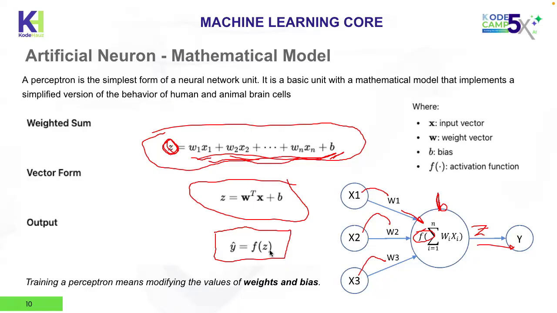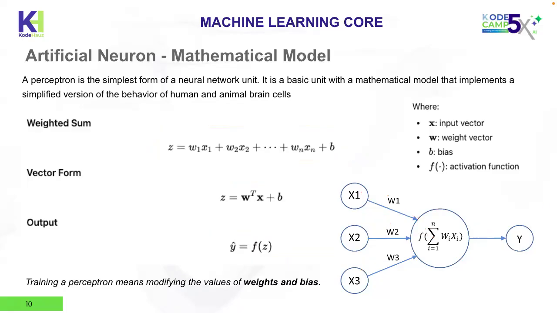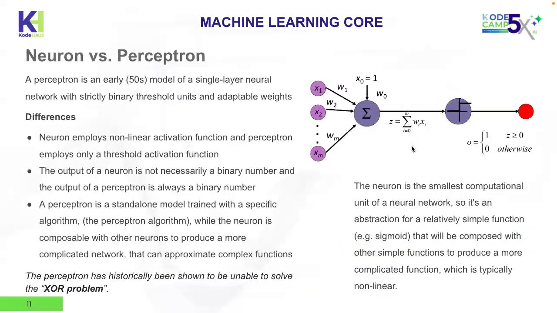It's the same thing, right? So the only difference is that for logistic regression, the activation function has to always be a sigmoid. But for a neural network, you can use any number of activation functions, depending on what you want to do at that point in time.